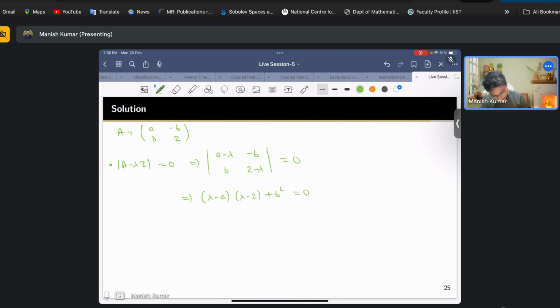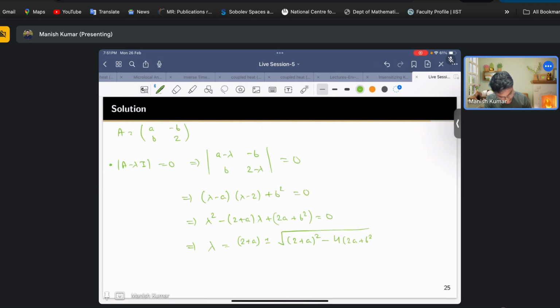So from here what I get is lambda square minus 2 plus a lambda, and then you have plus 2a plus b square, correct? So this implies lambda equal to 2 plus a plus minus the square root of 2 plus a square, and then you have minus 4 times 2a plus b square.